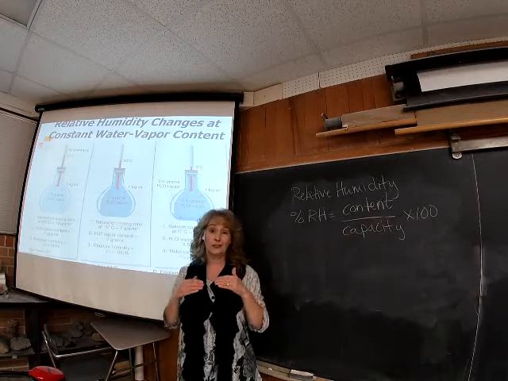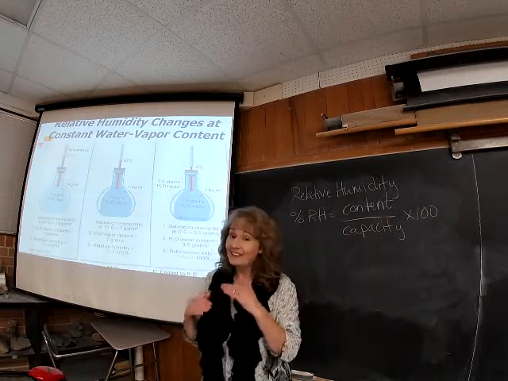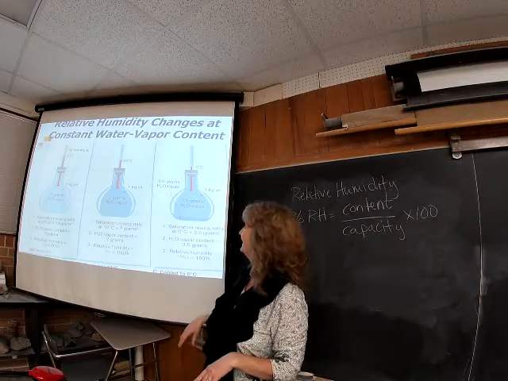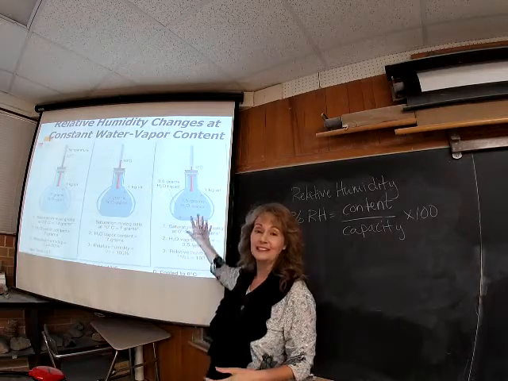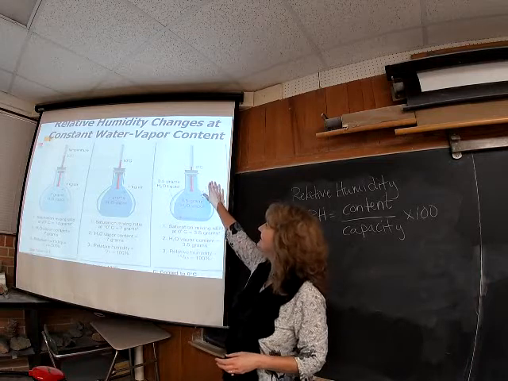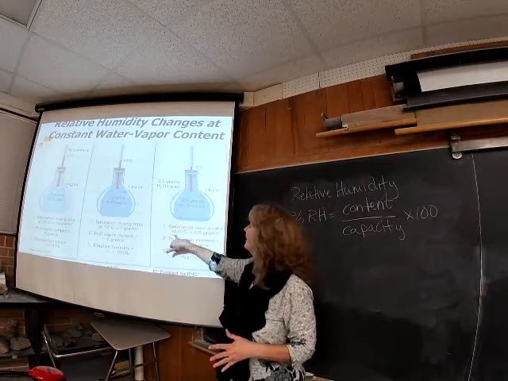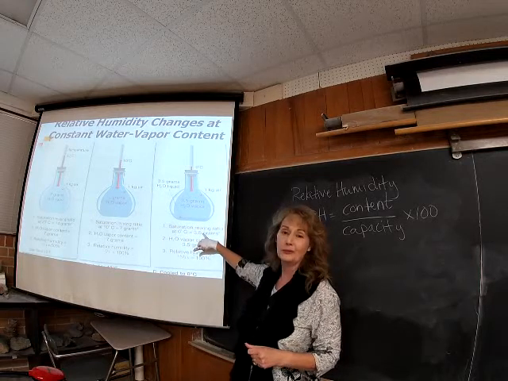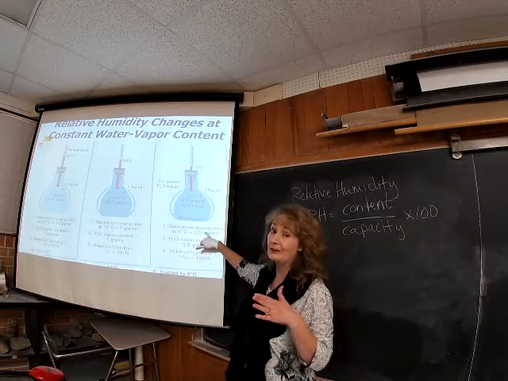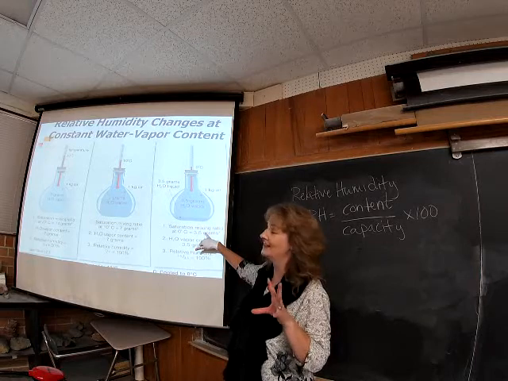We are at saturation now, and we're going to continue to cool this down a little bit. So let's see what happens in this third panel. So we're cooling it down to 0 degrees Celsius, and at 0 degrees Celsius, the capacity is only 3.5 grams. It can only hold 3.5. Remember, we had 7 in there.